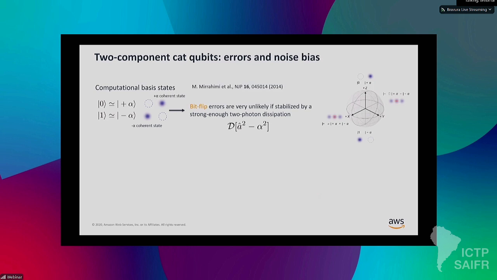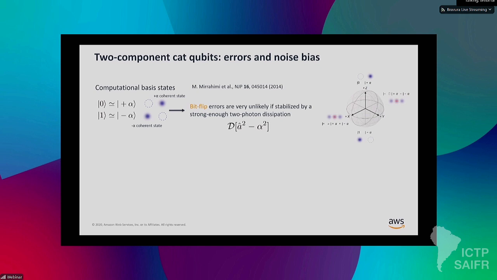So now instead of qubits, you use a state of a harmonic oscillator, and you use as your computational basis coherent states of mean photon number alpha squared, but with different phases. So 0 is plus alpha, 1 is minus alpha. It's not exactly that, because they are not really orthogonal, but they're very close to orthogonal. So the way you actually define it is plus and minus as the plus and minus combination of them.